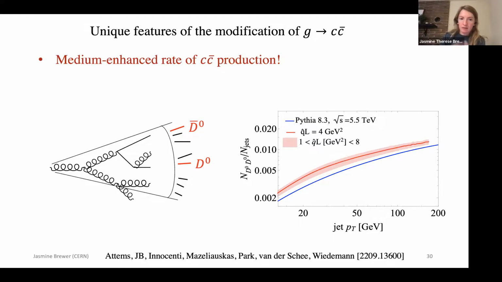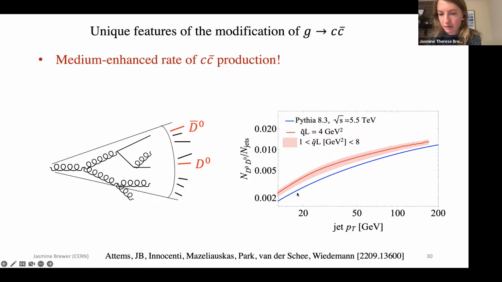Using the calculation of this medium-modified splitting function, we estimated the size of this enhancement. Here in blue, what you're seeing is the Pythia rate of jets with a D D-bar pair compared to the number of all jets produced.